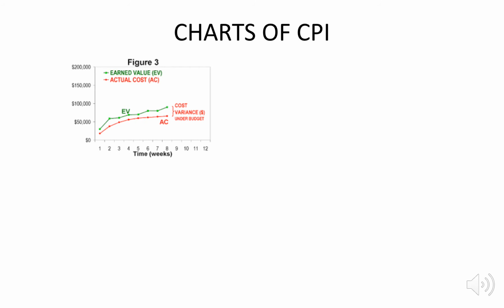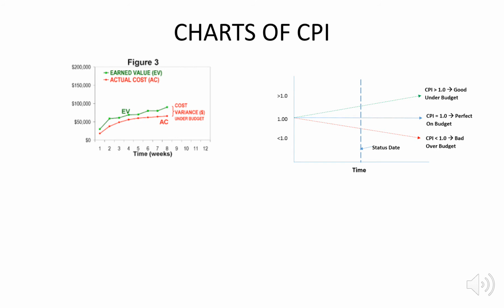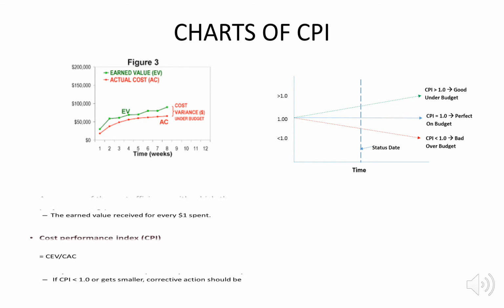The difference between the earned value and actual cost is the cost variance. If CPI is greater than 1, that is good, under budget. If CPI equals 1, it's perfect, exactly on budget. If CPI is less than 1.0, it's bad, over budget.